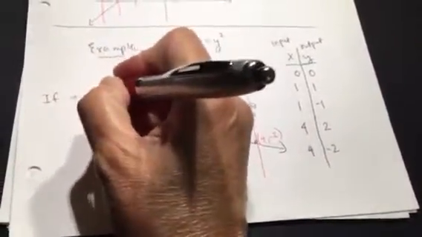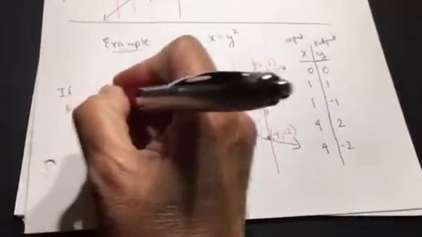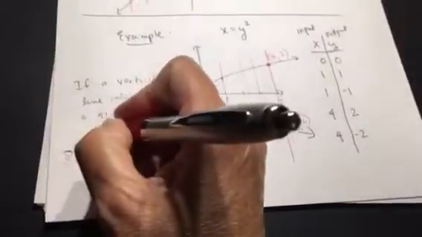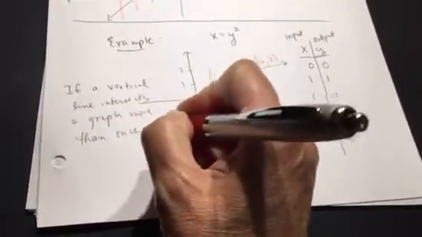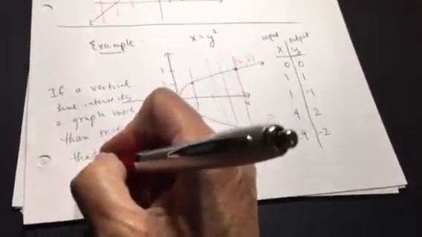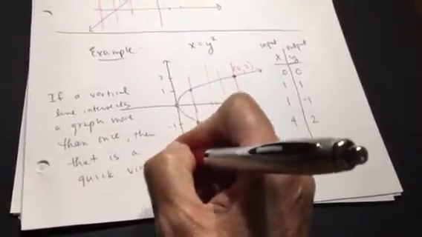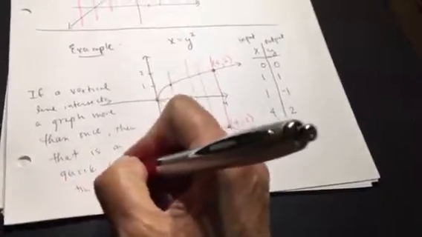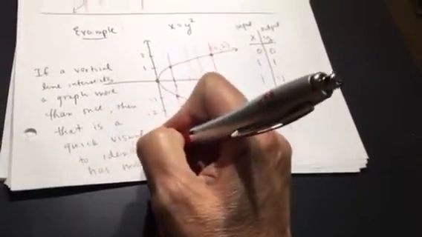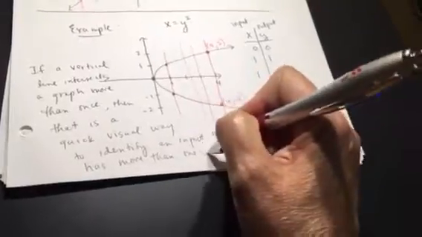If a vertical line intersects a graph more than once, then that is a quick visual way to identify an input that has more than one output.